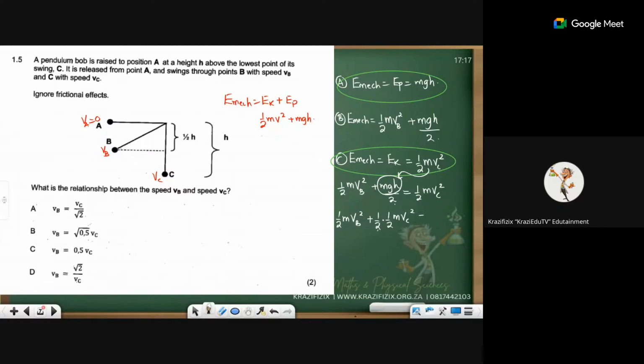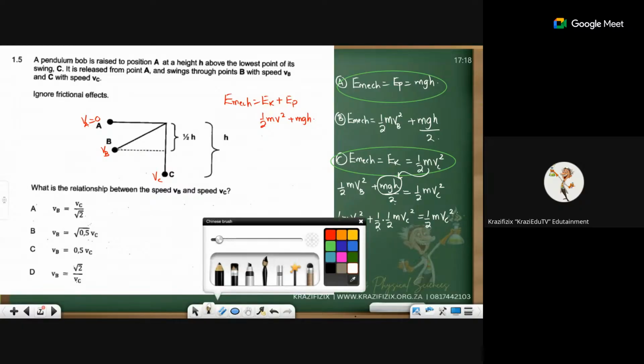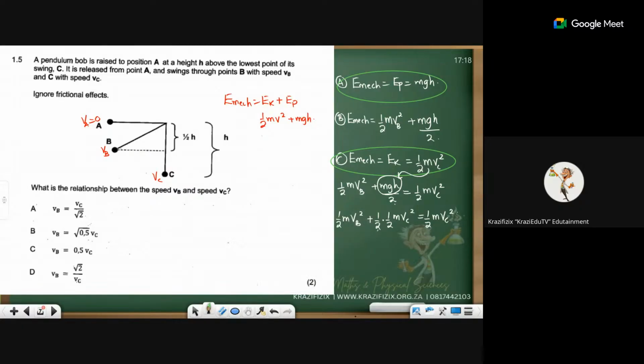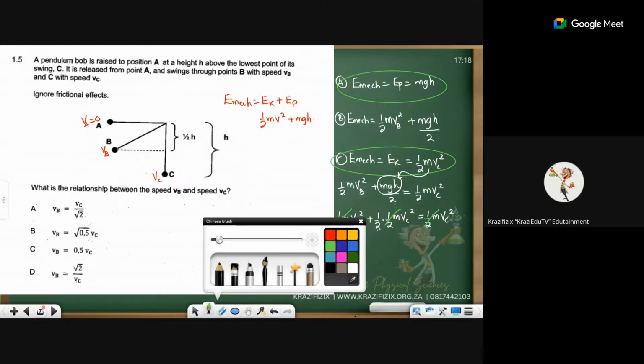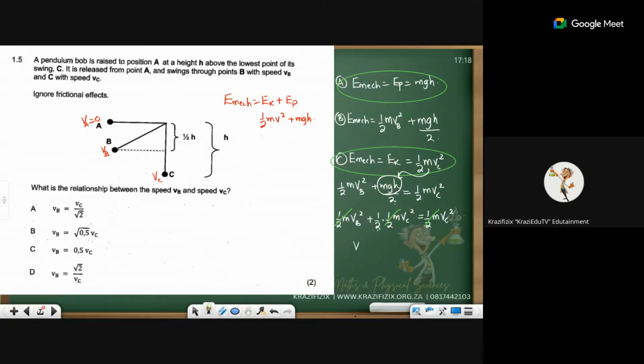And that is equal to 1 over 2 mvc squared. Let's make it easy. All the 1 over 2 m's can now go. If I factor out 1 over 2 m, I have VB squared plus half VC squared equals VC squared.